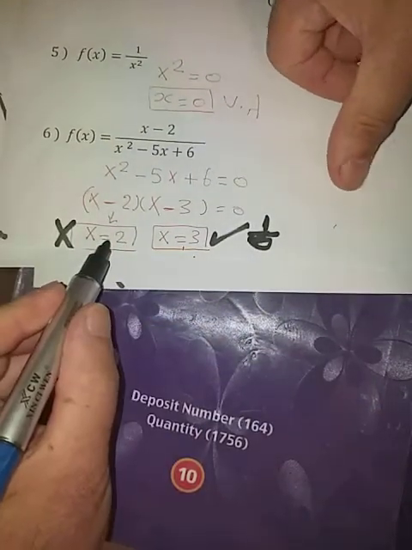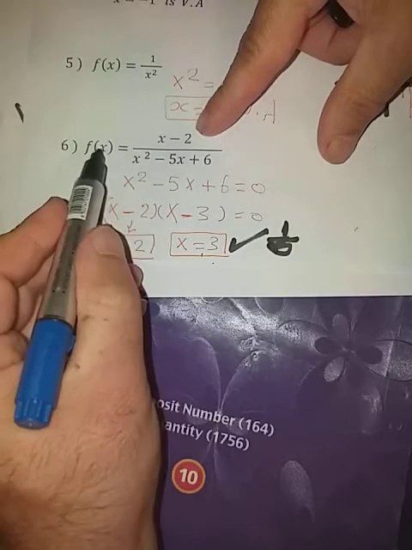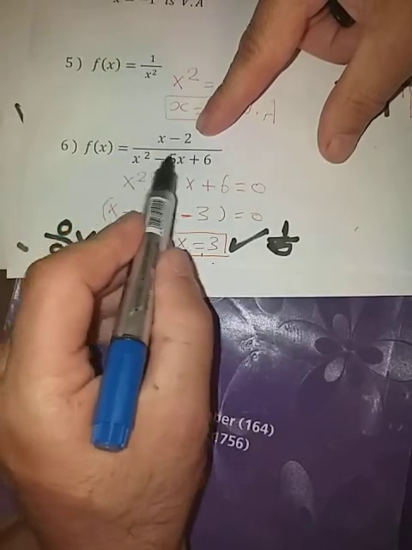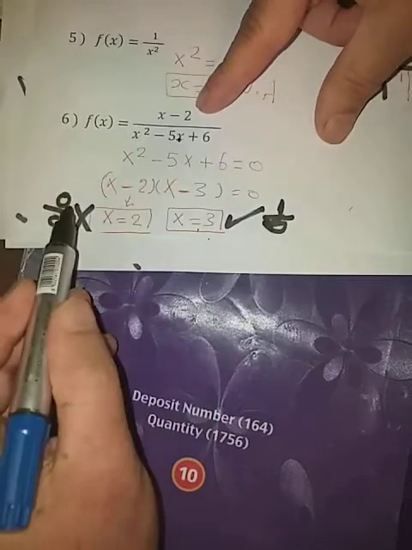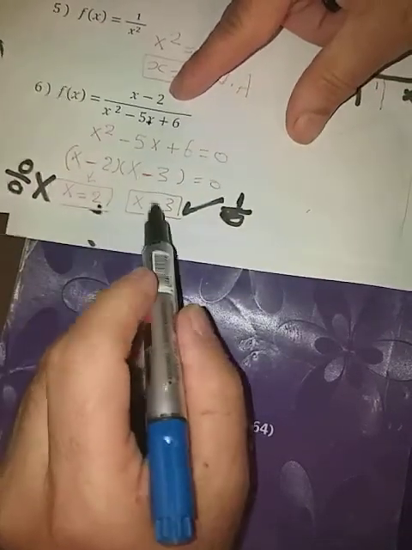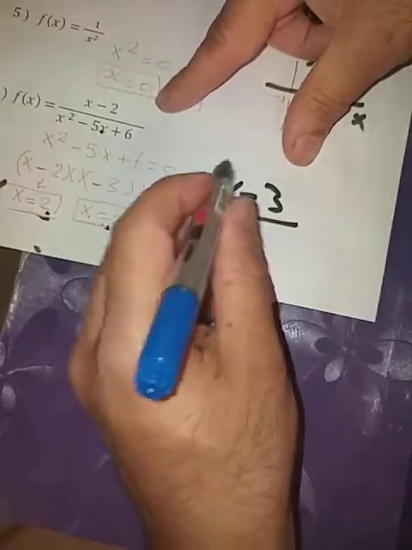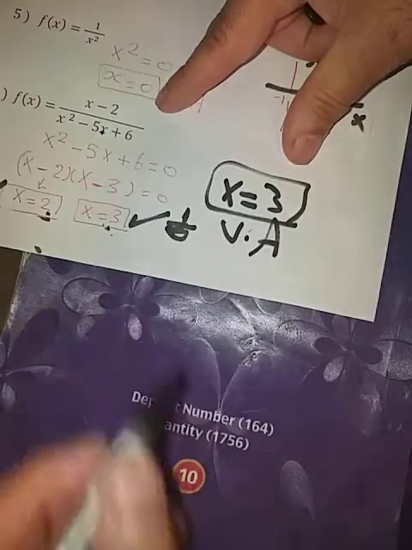But for 2, replacing 2 will be 0 over 0. This one is not a vertical asymptote; only x = 3 is a vertical asymptote.